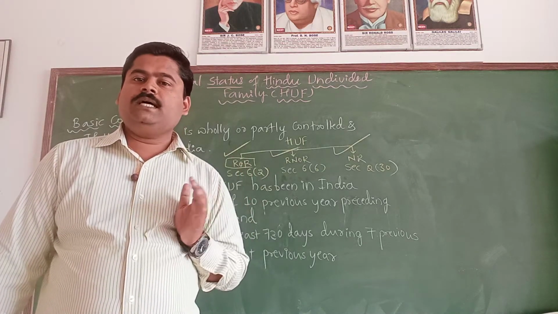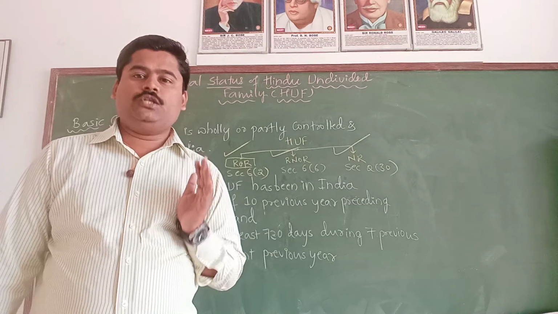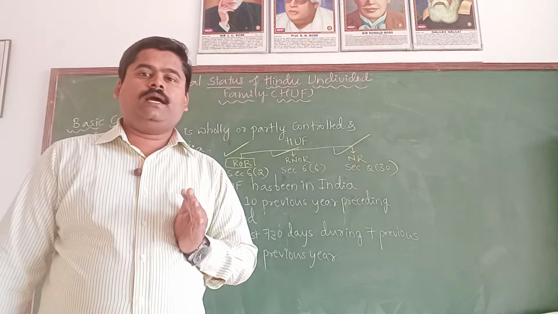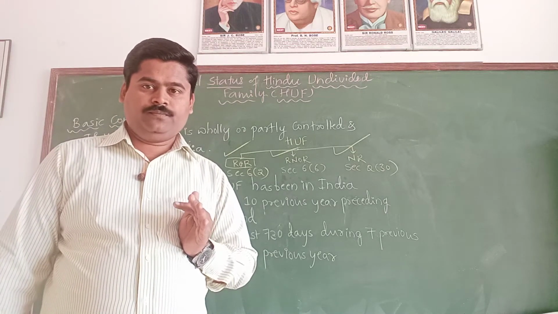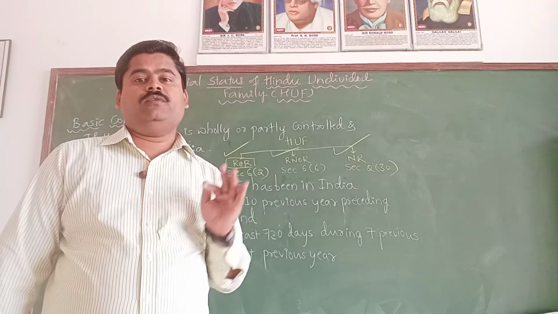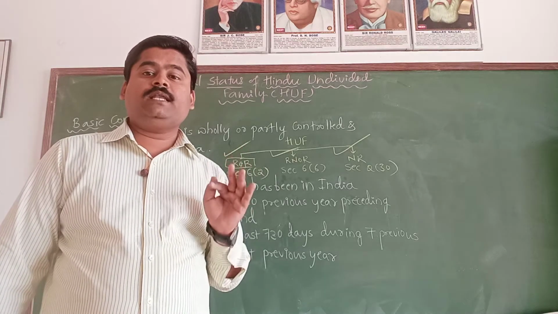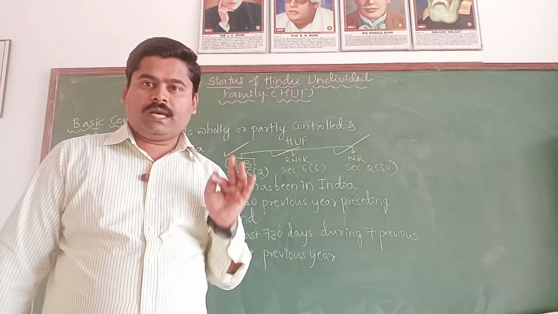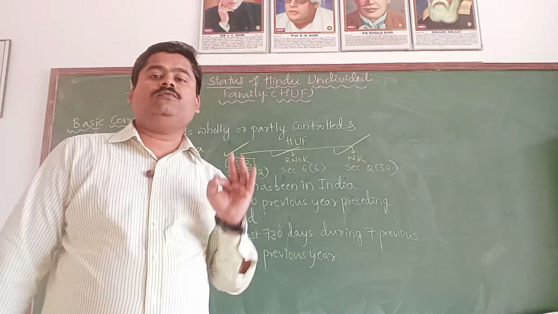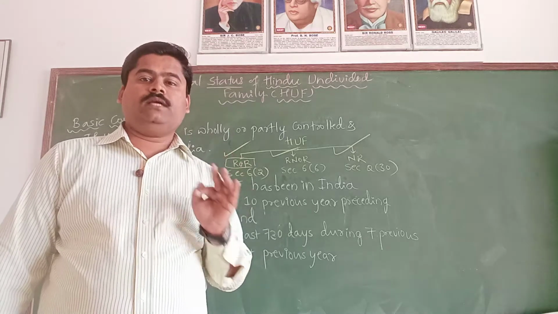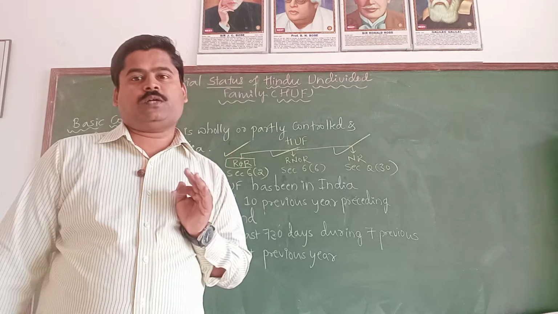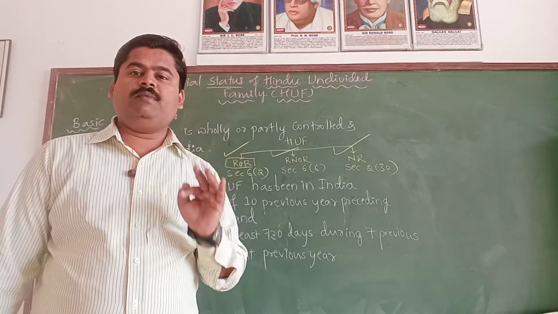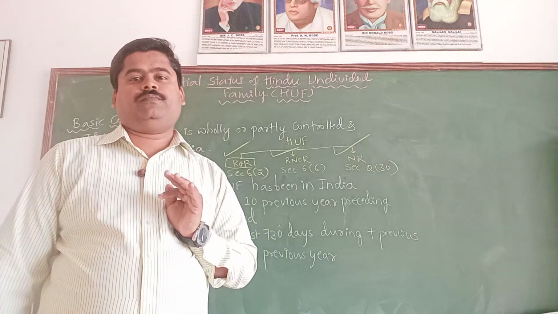So this is the residential status of the HUF. Let me revise once again. Whatever types of residence status in case of an individual that you have seen, more or less the same types of residence status are there with respect to the Hindu undivided family business in India.